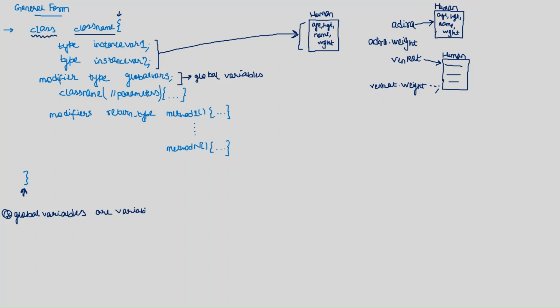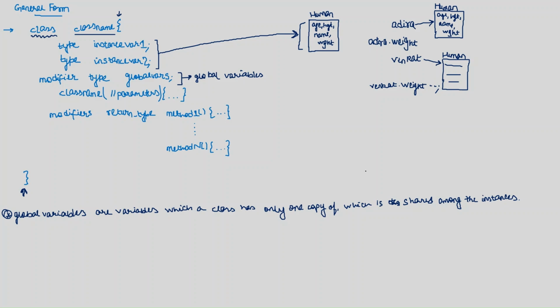Global variables are variables which a class has only one copy of, which is shared among the instances. So this is something that you really need to know: global variables are variables which a class has only one copy of, which is shared among all of its instances.